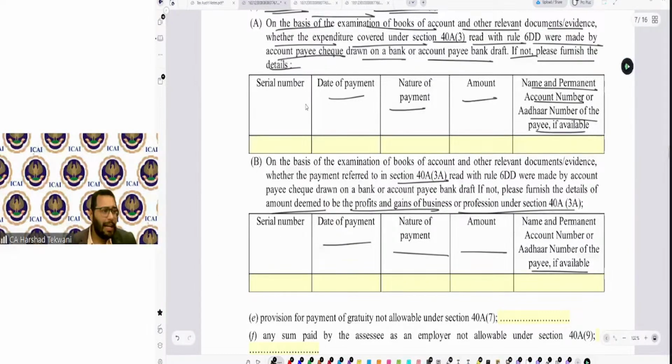Practically, it is not possible to verify each payment reflected in the bank statement as to whether the payments have been made through account payee cheque, demand draft, or using electronic clearing system to the bank account, or such other mode as may be prescribed. Thus, it is required that auditors should obtain certification or written representation from the assessee.